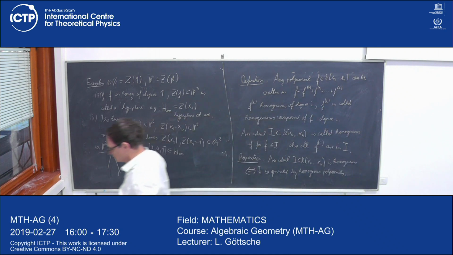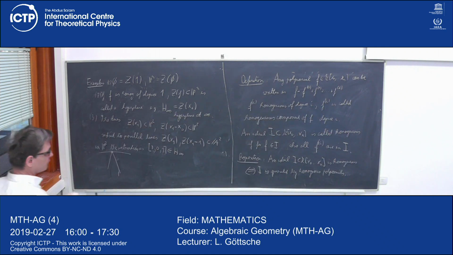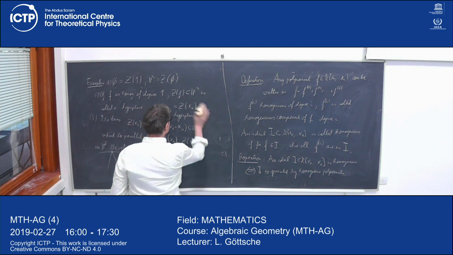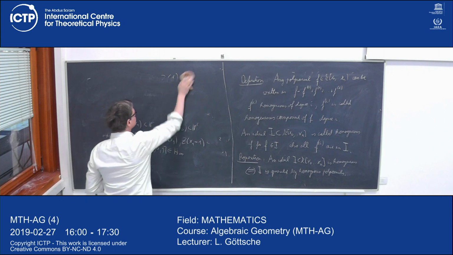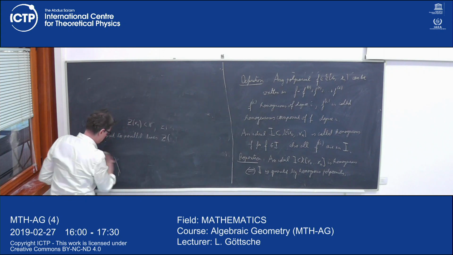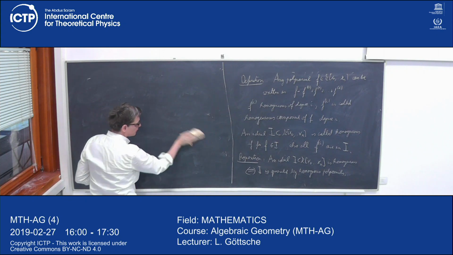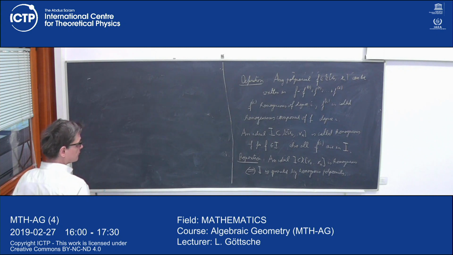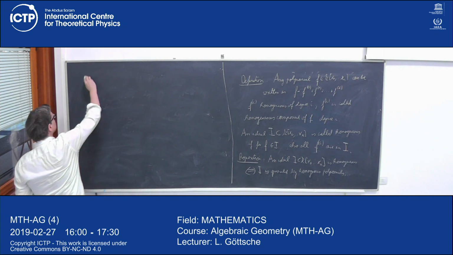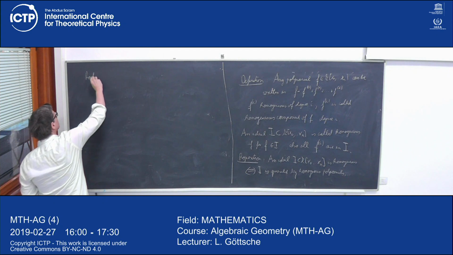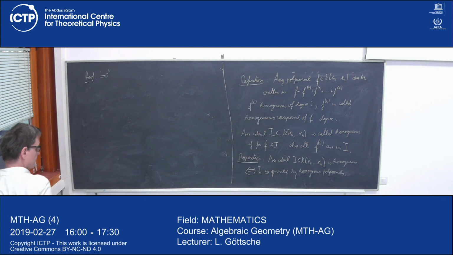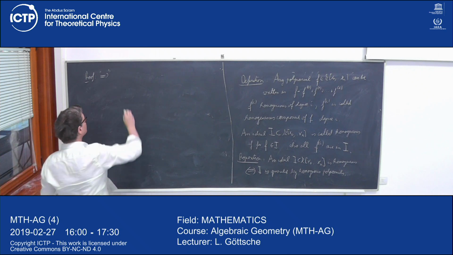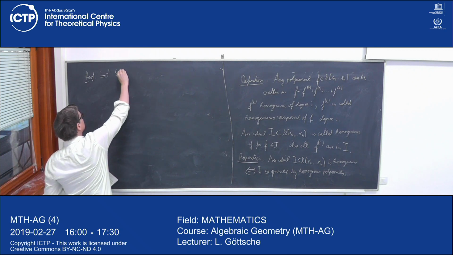That's quite simple. It's if and only if, so we have to show both directions, and both of them are easy. So for instance, assume I is homogeneous.